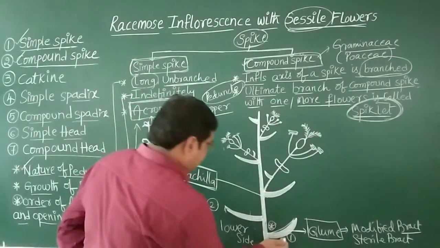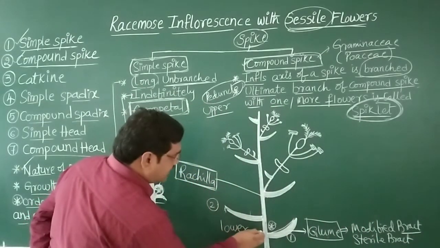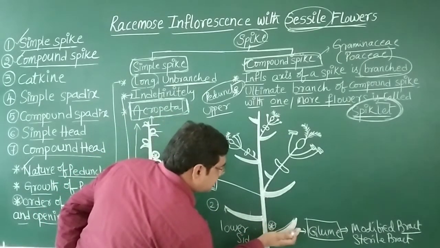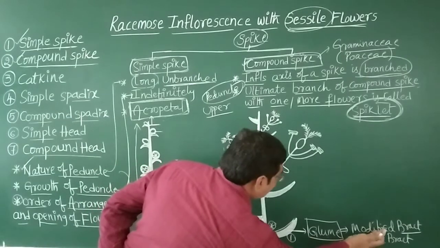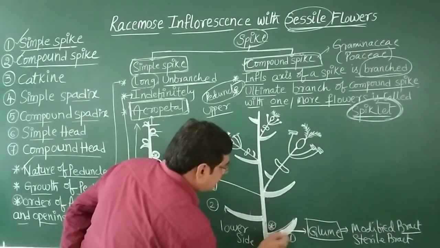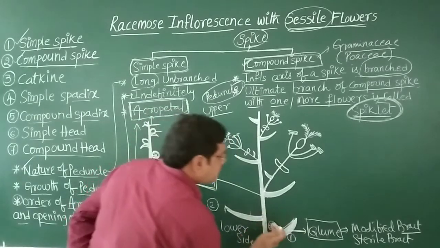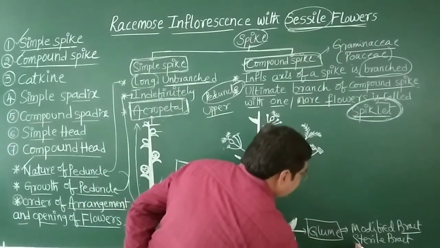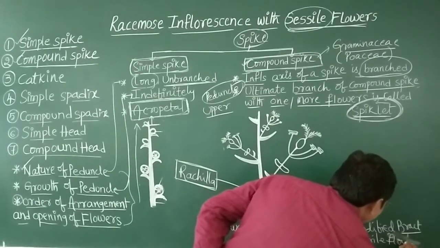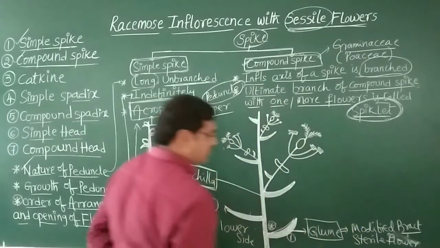So at the lower side of the rachilla, some modified bracts are there. These bracts are called glumes. In these glumes, there is no flower, so this is called a sterile flower.